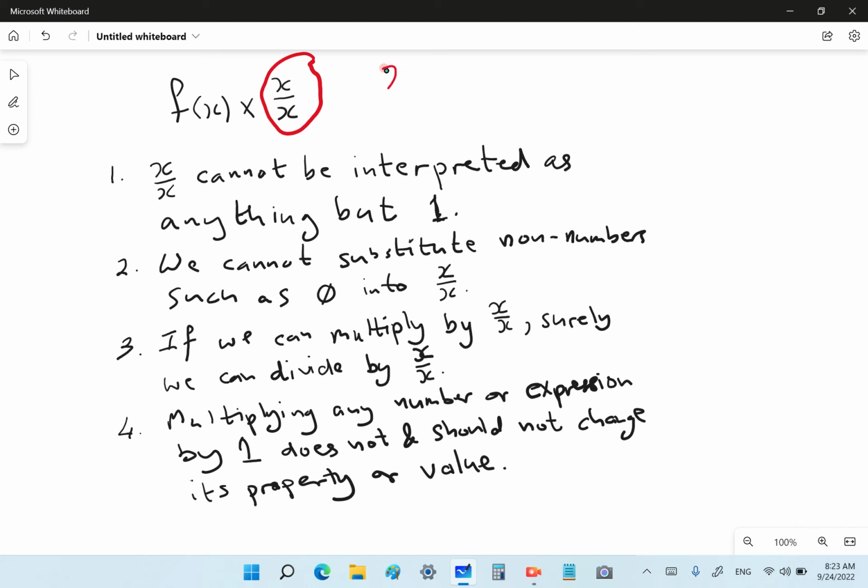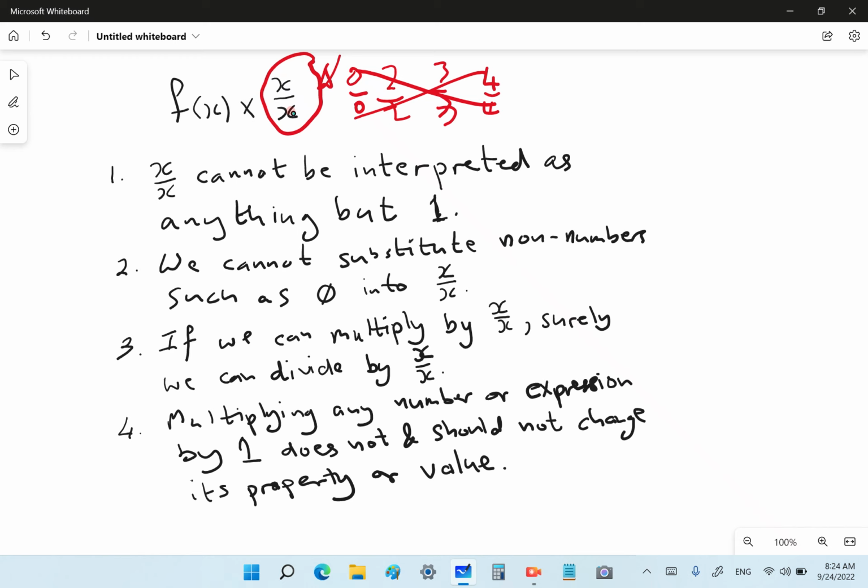So yes, you can put 2 over 2, 3 over 3, 4 over 4, etc. But you cannot put 0 over 0. That's just not allowed. You cannot substitute non-numbers such as 0, not in the top and not in the bottom, because 0 is not a number.